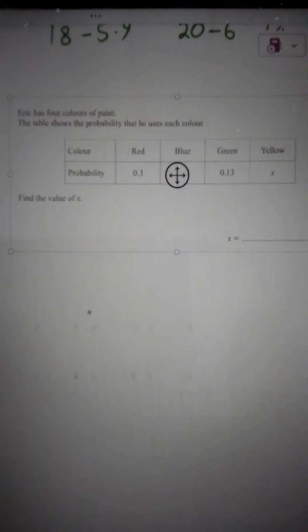We know that the maximum value of the probability is 1. So what is the probability of using all these colors, whose details are mentioned here in the table? The probability of all of them is 1, right?